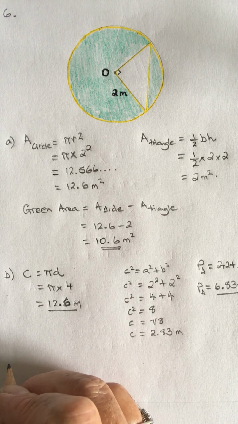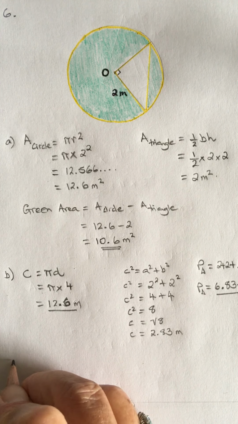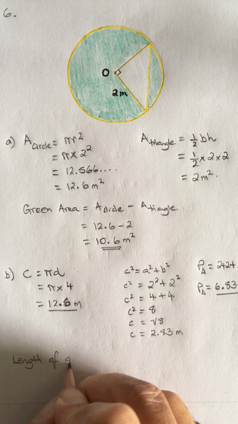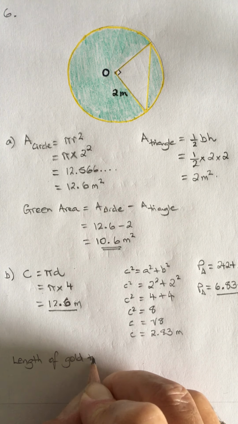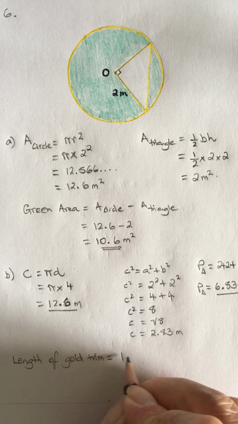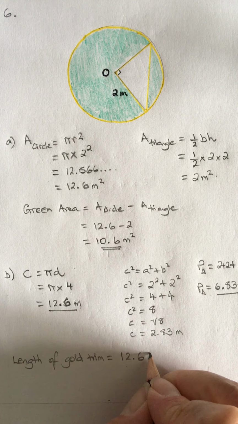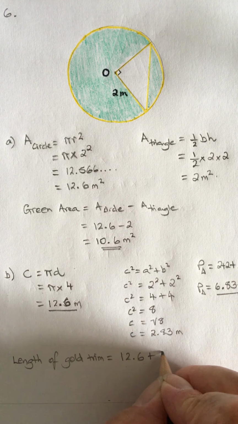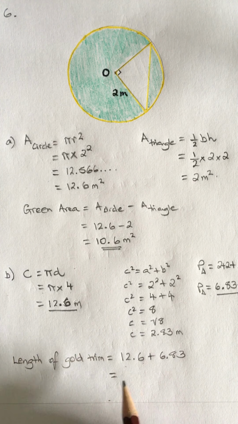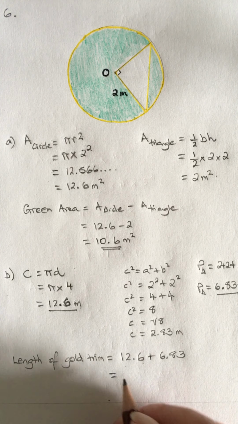Okay, so we've got the circumference of the circle and the perimeter of the triangle. So the length of gold trim is going to be the circumference of the circle, 12.6, plus the perimeter of the triangle, 6.83.